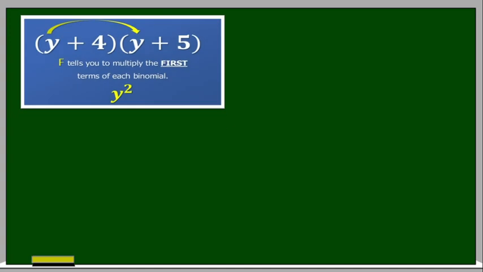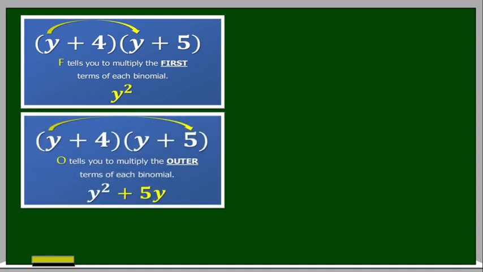We start with the first: y times y, so we have y squared. F tells you to multiply the first terms of each binomial. Next, how about O?